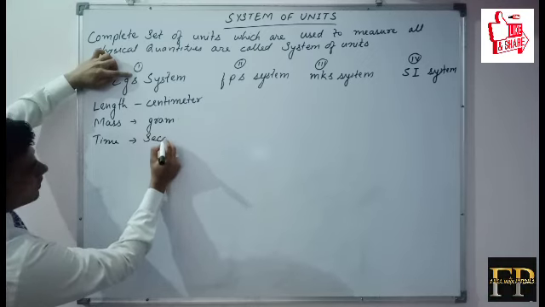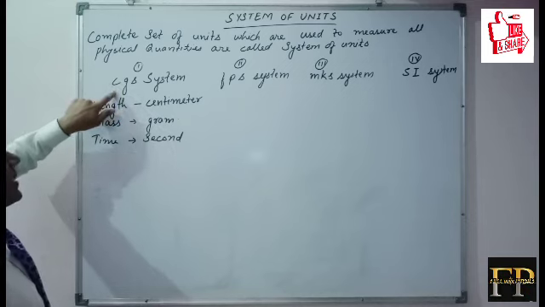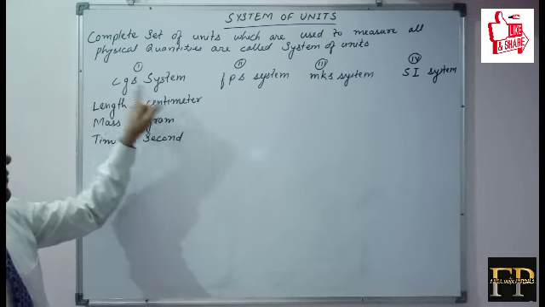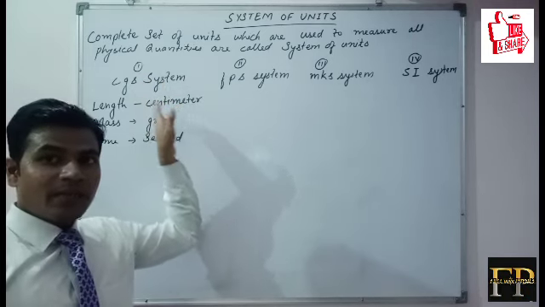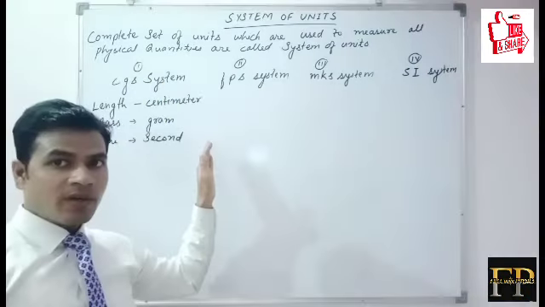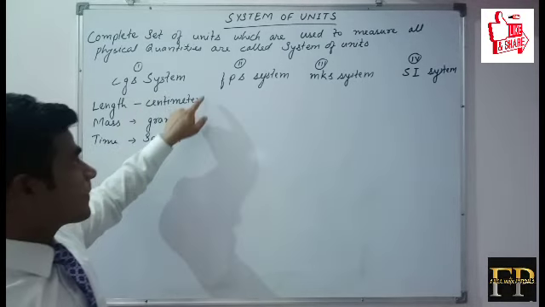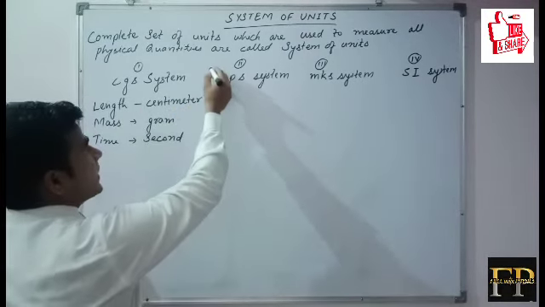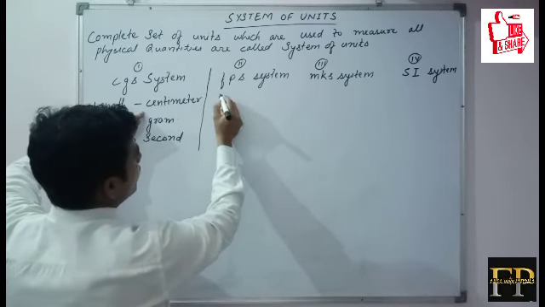So S is for second, and this CGS system was used in France. So we can say that the CGS system is a regional system of units and it is basically used in France.